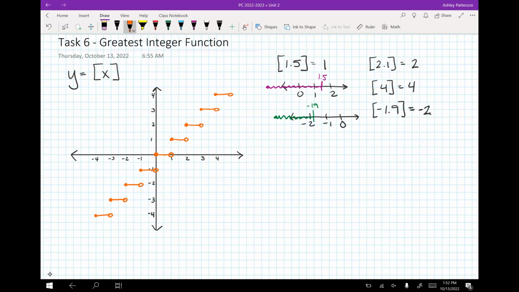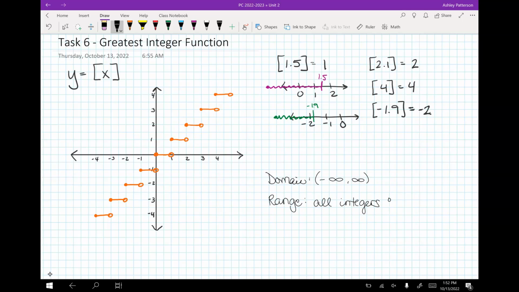Okay, so there's our greatest integer function. Please note the domain is all real numbers, and the range, well, there's steps. So I don't include any of the numerical values in between the integers. We just say it's all integers.